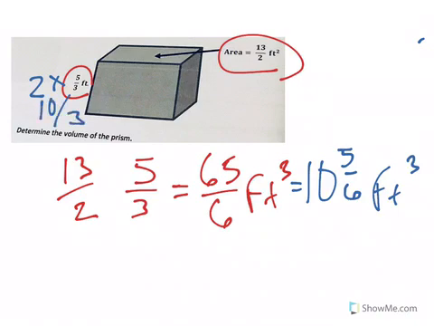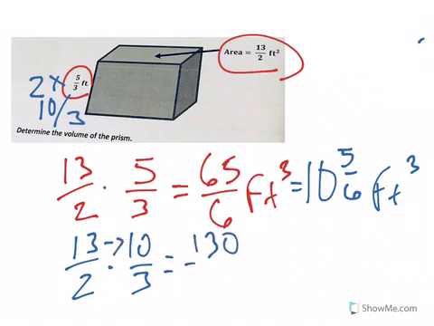Instead of 13 halves times 5/3, we have 13 halves times 10/3. 13 times 10 is 130. 2 times 3 is 6. So already you can see 65 doubled is 130. The denominator is the same, and that's feet cubed.